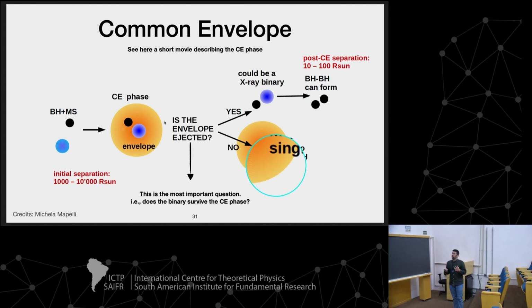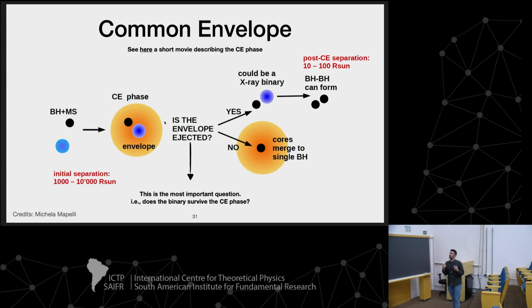So this is the so-called common envelope phase. What you have is, for example, an already formed black hole and a core of a massive star that are rotating in the same envelope. And this is very important because it allows the binary system to shrink further.